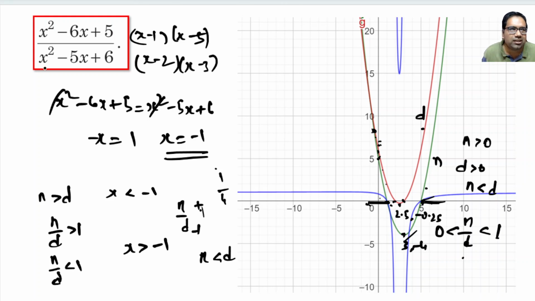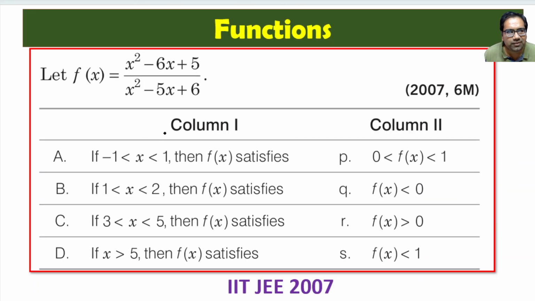To the right of this, you can in fact substitute some number like x equal to minus 10 and see which one is greater. We are using this method so that we can solve similar types of problems easily. Otherwise, if you want to solve only this specific function, then we can directly substitute some numbers and solve it.